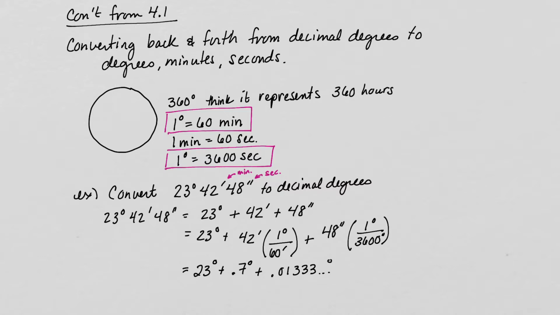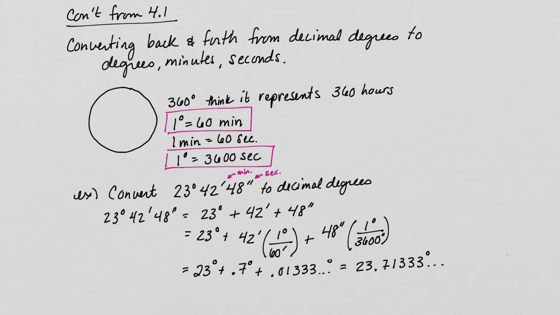If I add those together, we end up with 23.71333 degrees. Depending on the problem on ALEX, it might ask you to round, just like those other problems did, to the nearest hundredth or something like that.